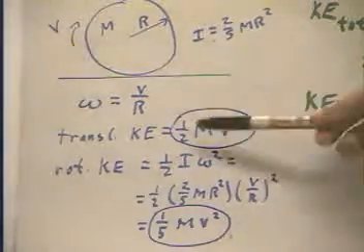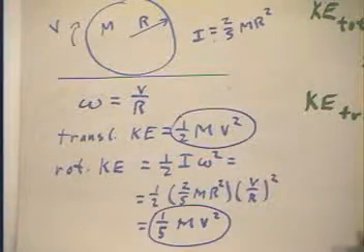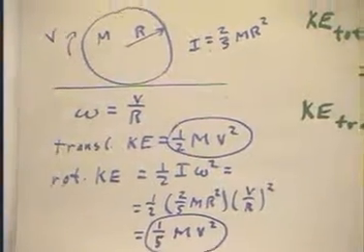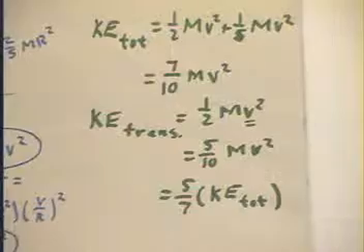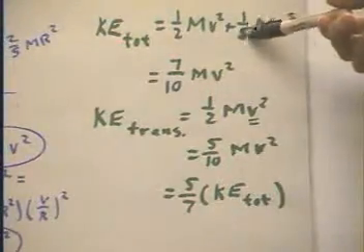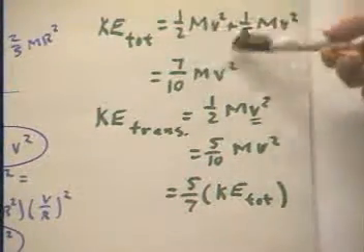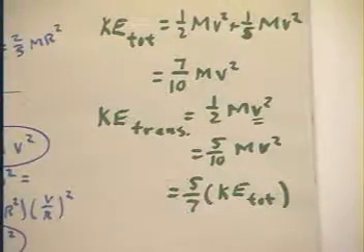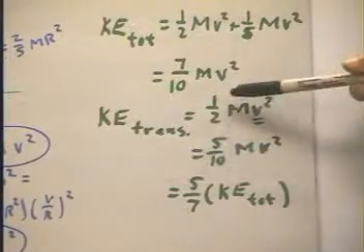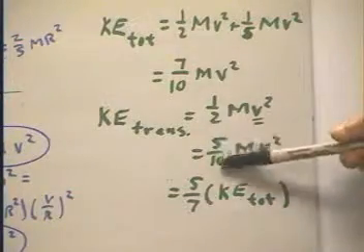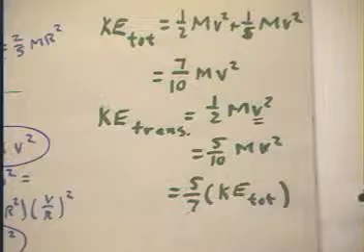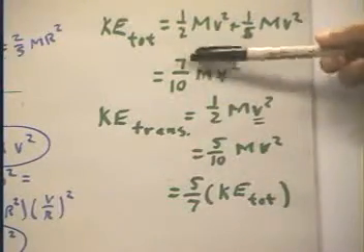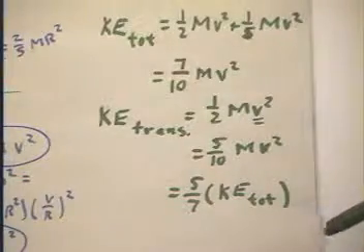So we have a translational kinetic energy of 1/2 mv squared, a rotational kinetic energy of 1/5 mv squared. Means our total kinetic energy is 1/2 mv squared plus 1/5 mv squared, common denominator and so forth, gives us 7/10 mv squared. Since the translational kinetic energy is 1/2 mv squared, which is 5/10 mv squared, then the translational kinetic energy is 5/7 of the 7/10 mv squared total kinetic energy.